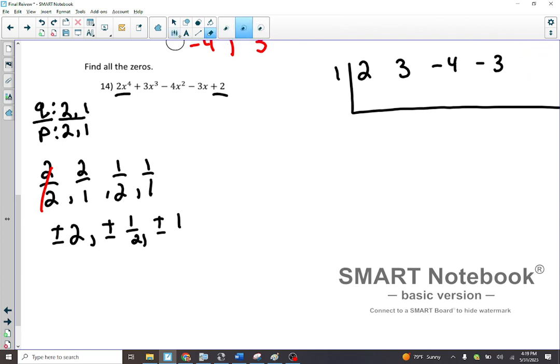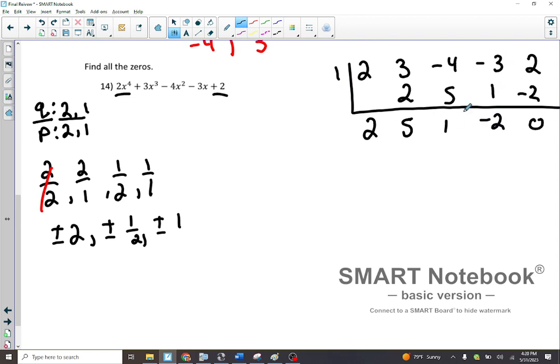Now remember, if your final part does not become 0, then it did not work. So let's see. 2 times 1 is 2. 5 times 1 is 5. 1 times 1 is 1. Negative 2 times 1 is negative 2. 0. So one of my answers is definitely 1, I'm sorry.